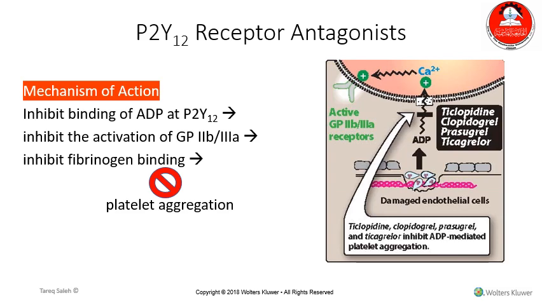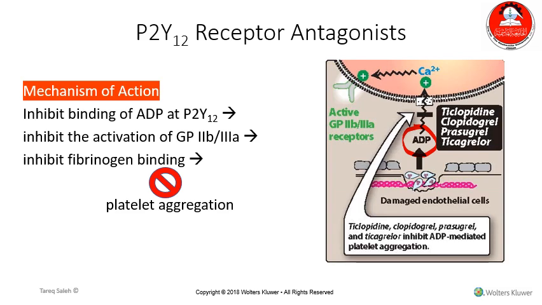Remember that ADP is one of the important mediators in the activation of platelets, right? ADP along with thromboxane A2, thrombin, serotonin, and other mediators all result in the activation of platelets during the formation of the platelet plug.